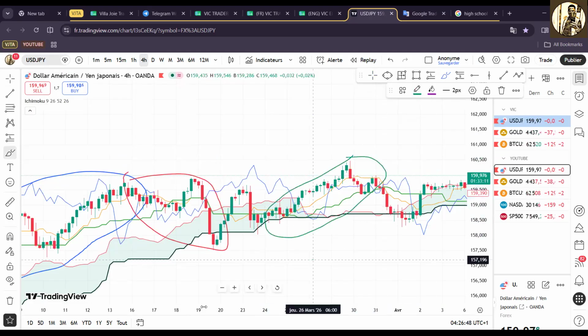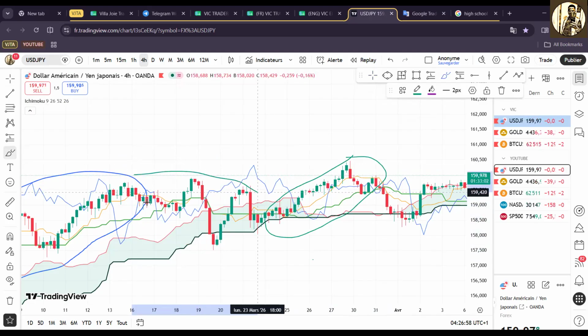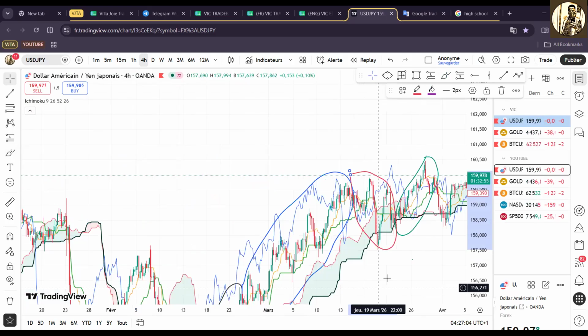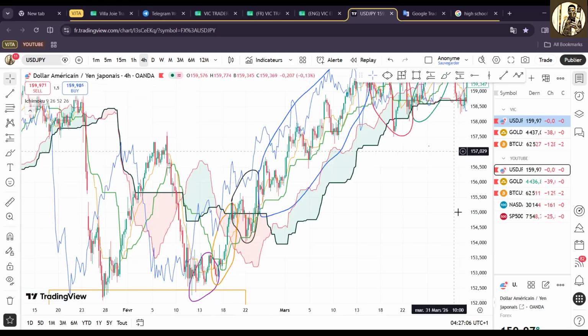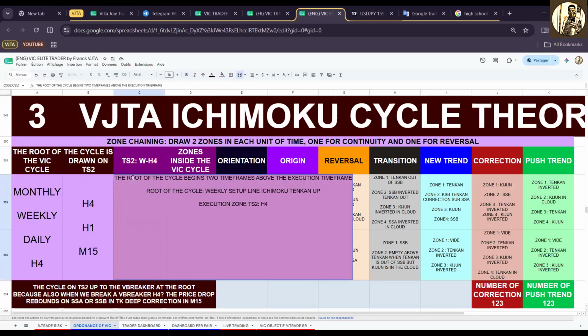So this is what I call the cycle in H4. And what I'm saying is that the whole of the cycle begins two time frames above the execution time frame.